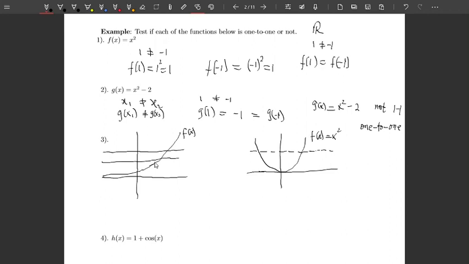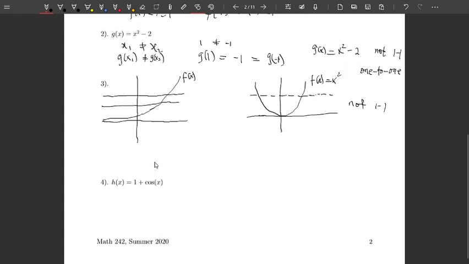So that tells me that this is not one-to-one. If you understand the graph of a function, you could use it to show that a function is one-to-one or not. But if not, you have to follow this other procedure.